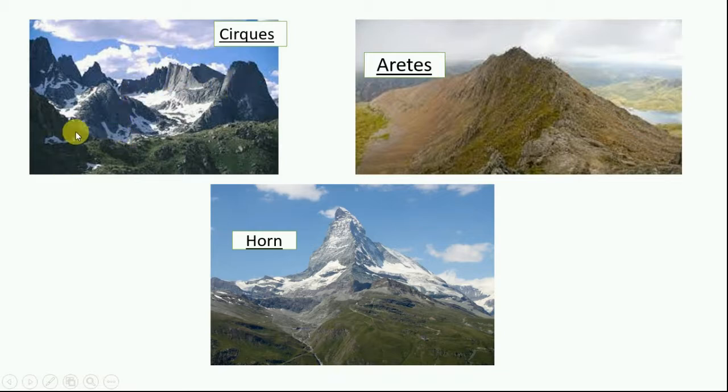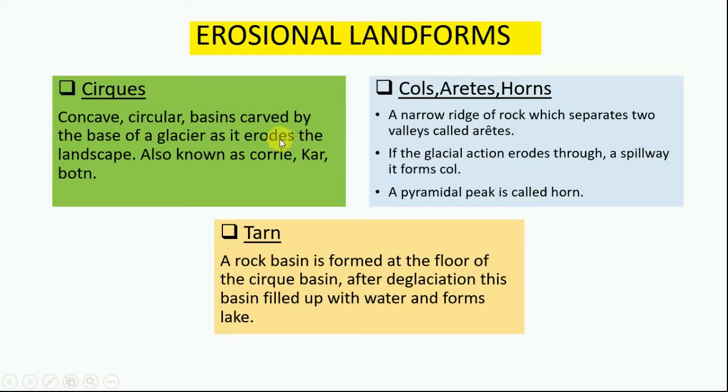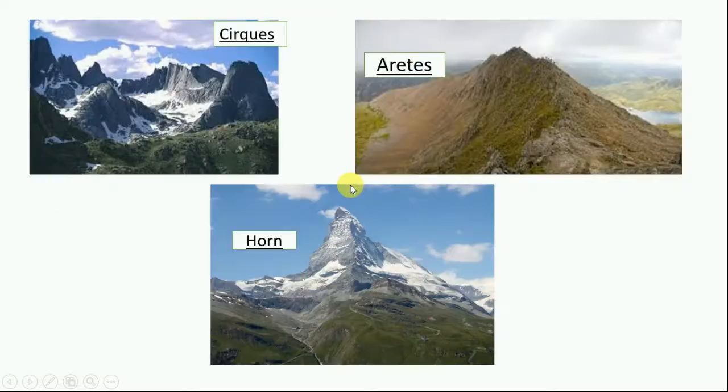It used to be a concave basin which was further eroded by various glacial formations, and it became like this. It creates a basin-like structure, and it is known by various names in various places, like Kar in Germany, Corrie in Scotland, Botn in Norway. So these are the cirques.